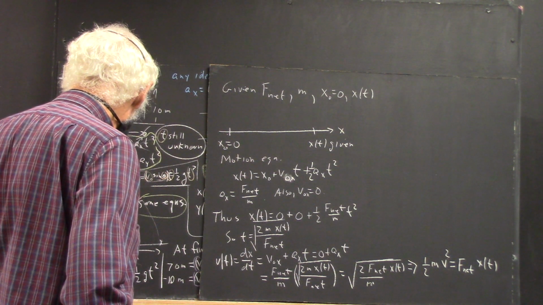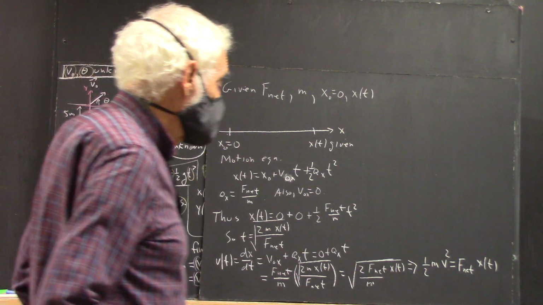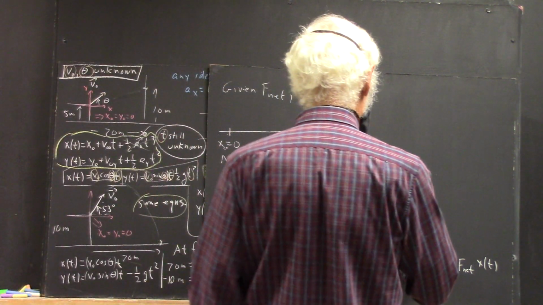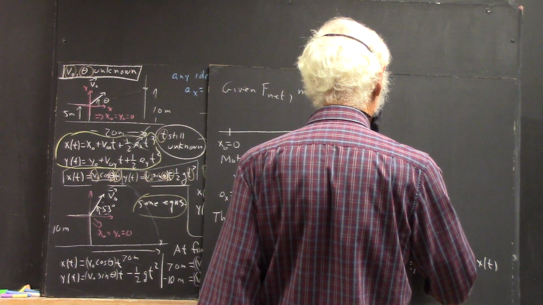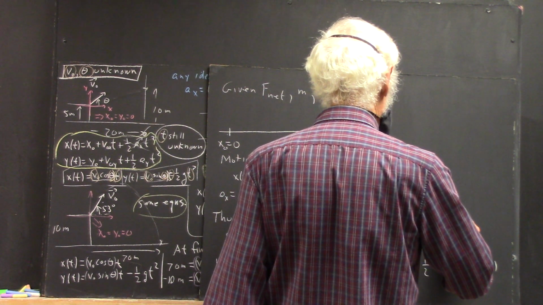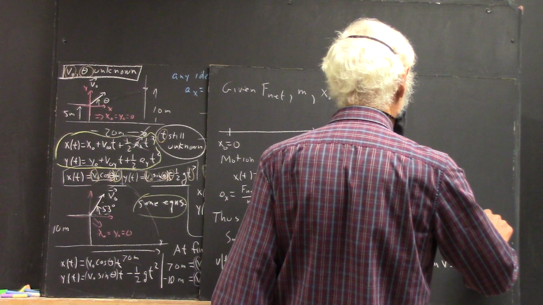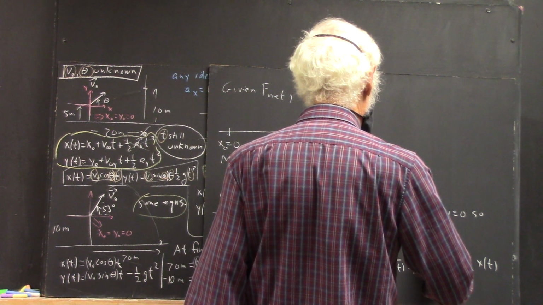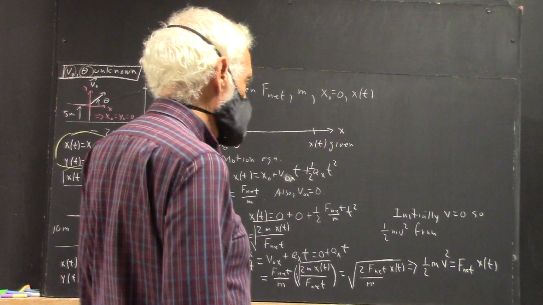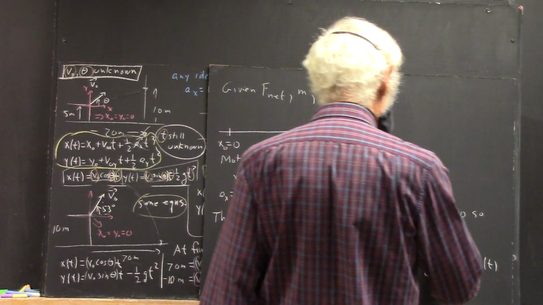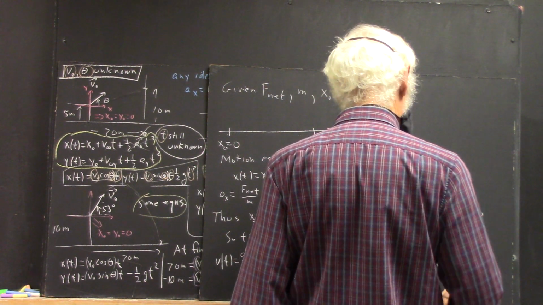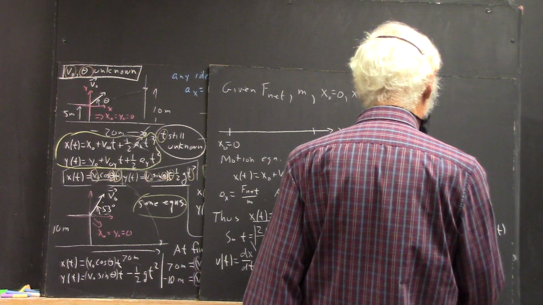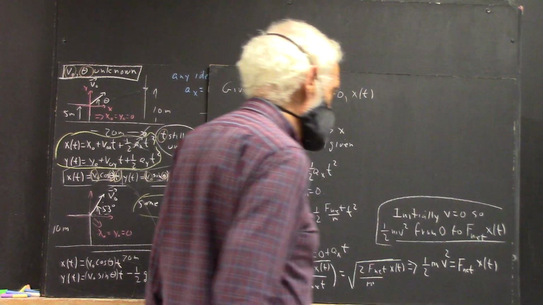If you keep your wits about you and do this for the second situation, okay, well, initially v is 0, so 1/2 m v squared goes from 0 to F net x of t.